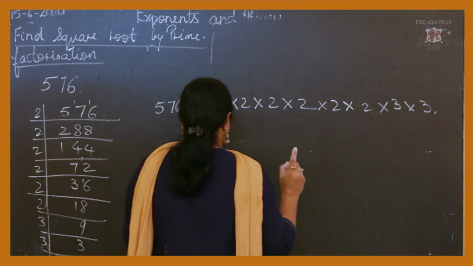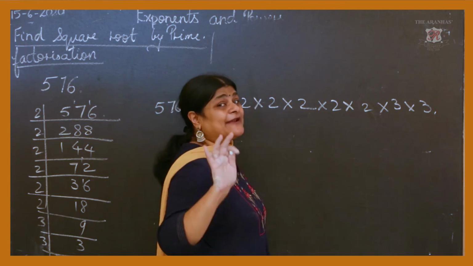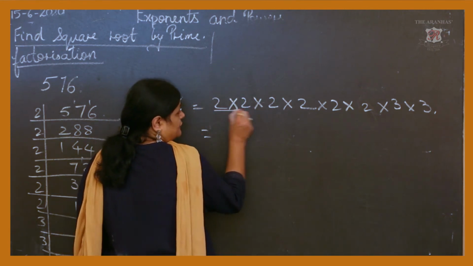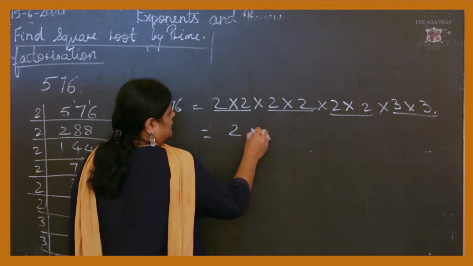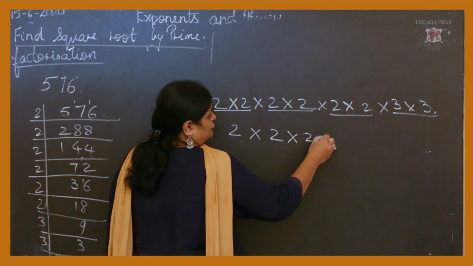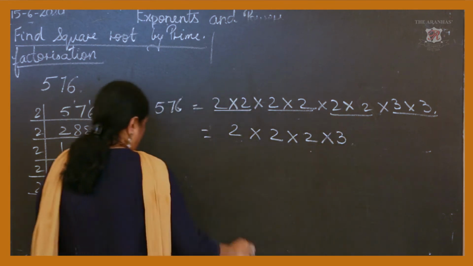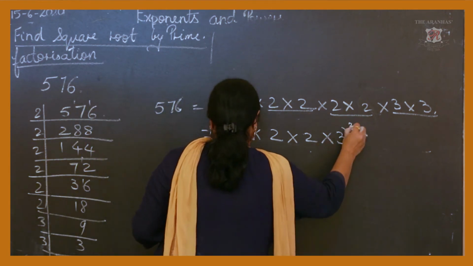Here you have to find out the square root by prime factorization method. Square root, 2, here 2, here 2, and here 3. So 2 into 2 into 2 into 3, the whole square.